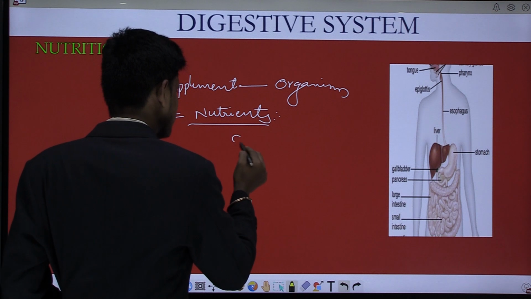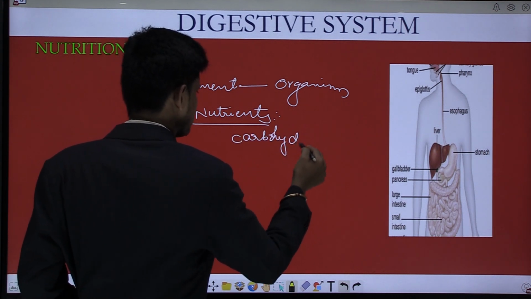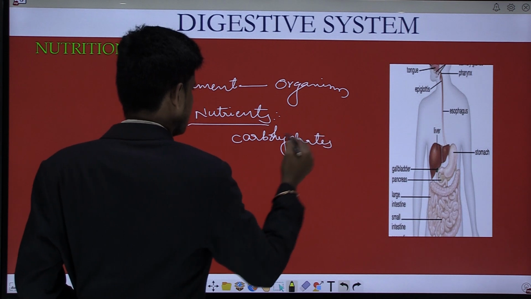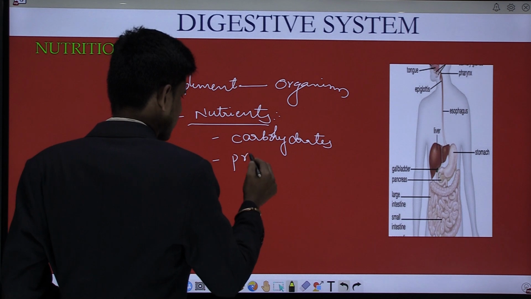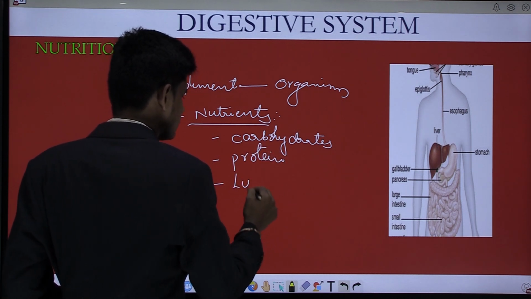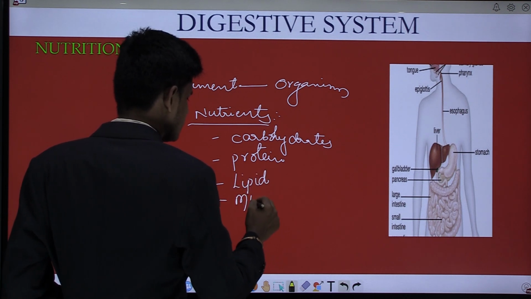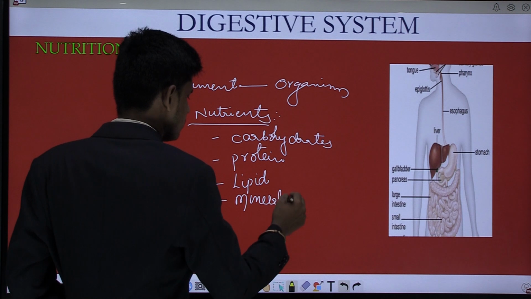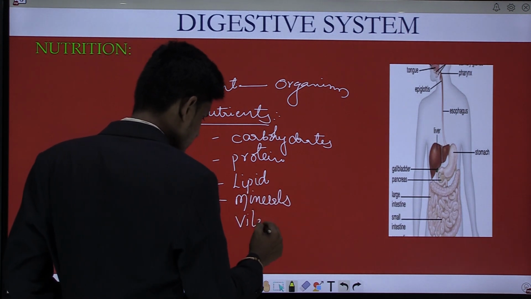And these are categorized into 5 types, basically 5 types, and also a 6th one is there. The first is carbohydrate, the second is protein, and the third is lipid. Fourth is minerals, and the fifth is vitamins.